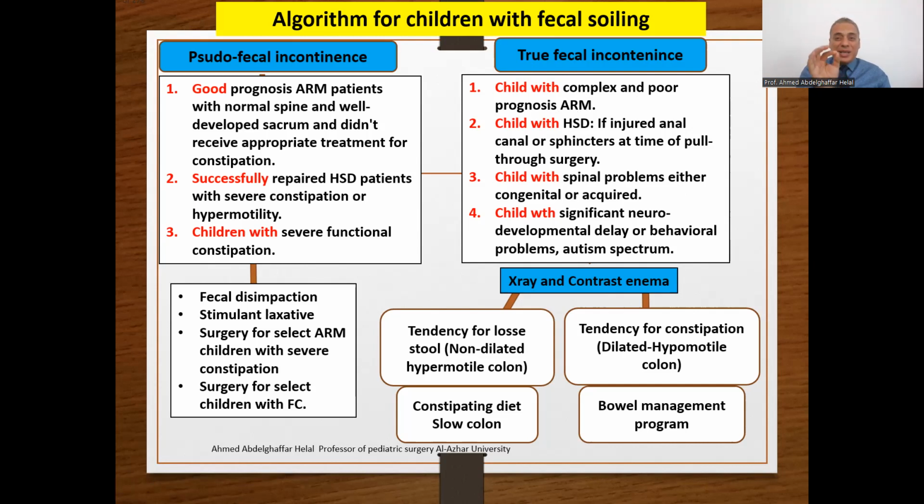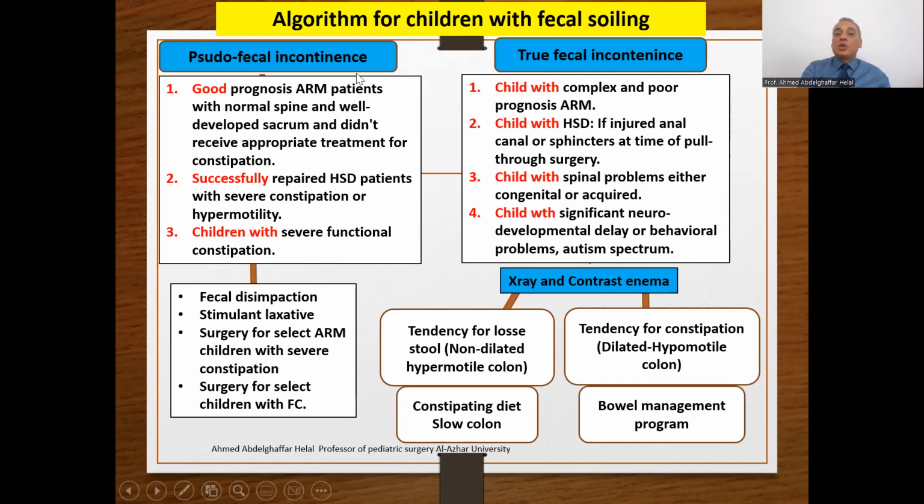So you must examine the child thoroughly, take a history and examination, and answer the question: is the anatomy okay or not? Sphincter injured, destroyed, anal canal present, destroyed, congenitally absent, type of the anorectal malformation, type of the Hirschsprung, perineal trauma. So you decide that's true.